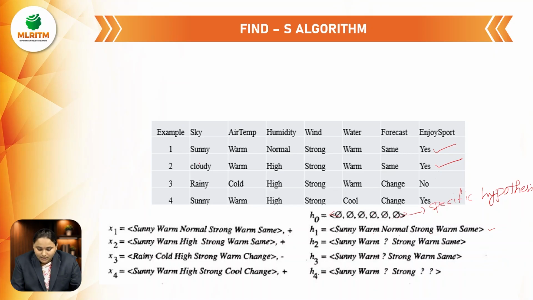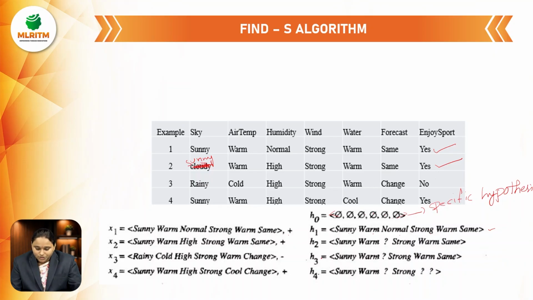So sunny, sunny. First is sunny, cloudy. Next, warm, warm, normal, high, question mark, strong, strong, same, warm, warm, same, same. So next, this is the sunny example: sunny, warm, question mark, strong, warm, same.